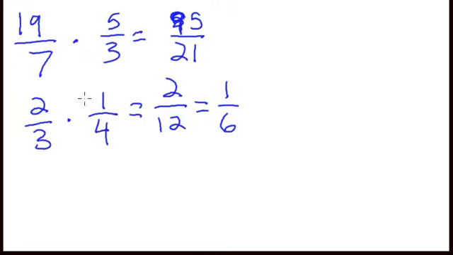You can save yourself a lot of time if you get in the habit of cross-canceling. Because essentially, if we're multiplying straight across, we could just say this is all one fraction, and each of these things gets multiplied together. Now that these are multiplied, 2 is a factor of the numerator, 1 is a factor, 3 is a factor of the denominator, 4 is a factor of the denominator.